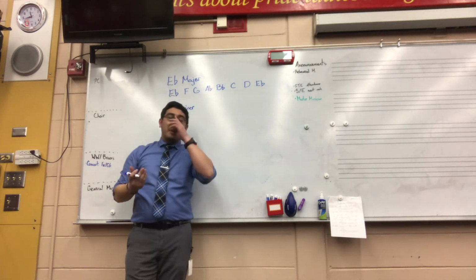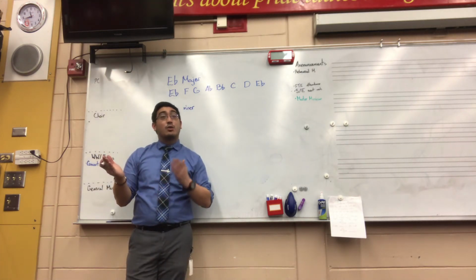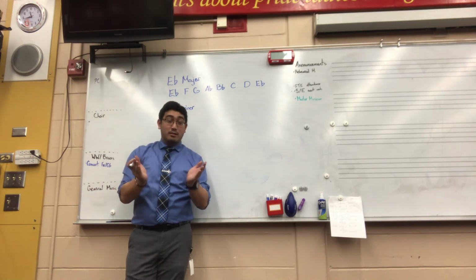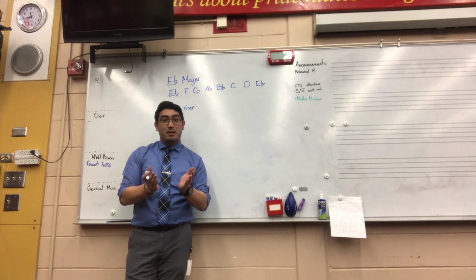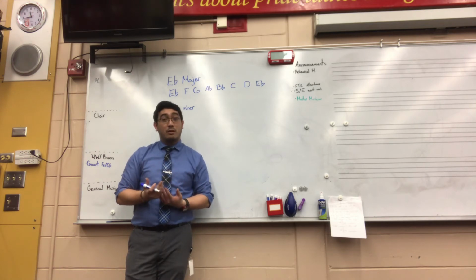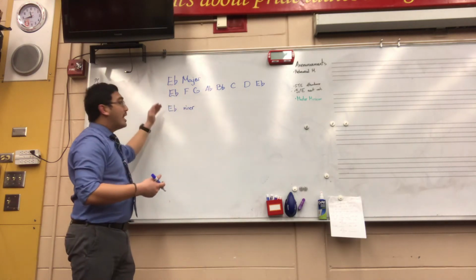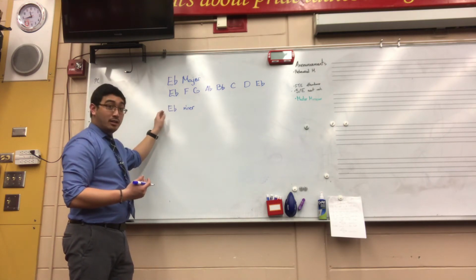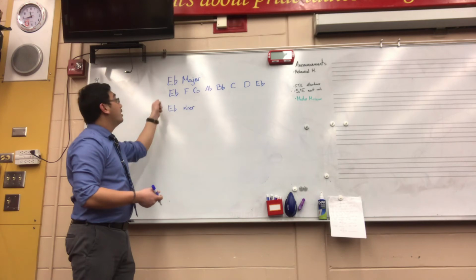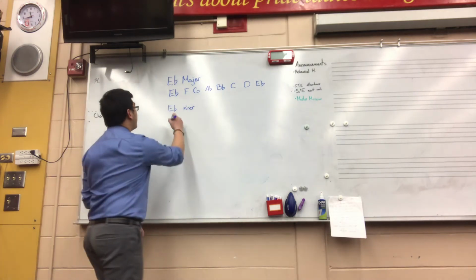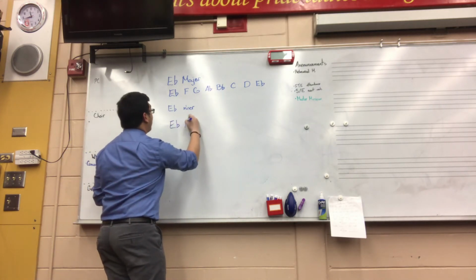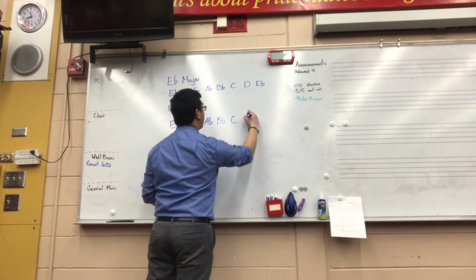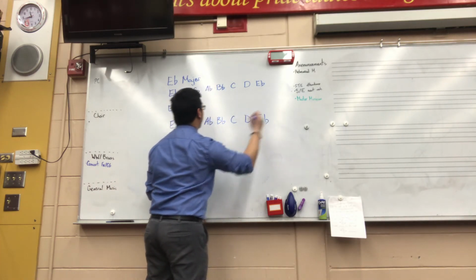So, if you think about Chris Pratt and Chris Evans, they are not related, but they have the same first name. That's another way you can think about parallels. E flat major and E flat minor. The way to find the E flat minor or parallel minor, copy your major. So we have E flat, F, G, A flat, B flat, C, D, and E flat.